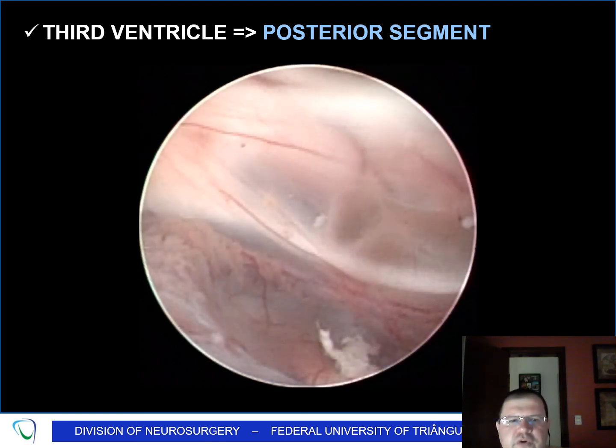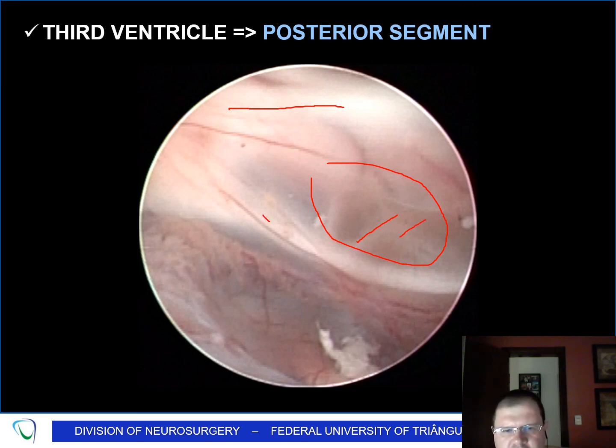Another panoramic view here, posterior commissure, pineal recess, pineal gland, habenular commissure, habenular triangle here, suprapineal recess here.